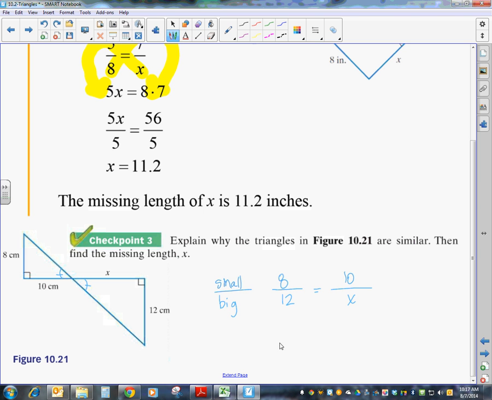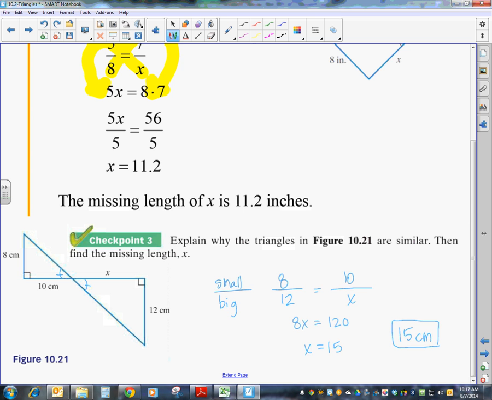Okay? So we can cross multiply. 8x equals 120. Divide both sides by 8, and you will get that x equals 15. So the answer we'll put in our blank would be 15 centimeters because we have a label and we need to make sure we put those labels on our answers.